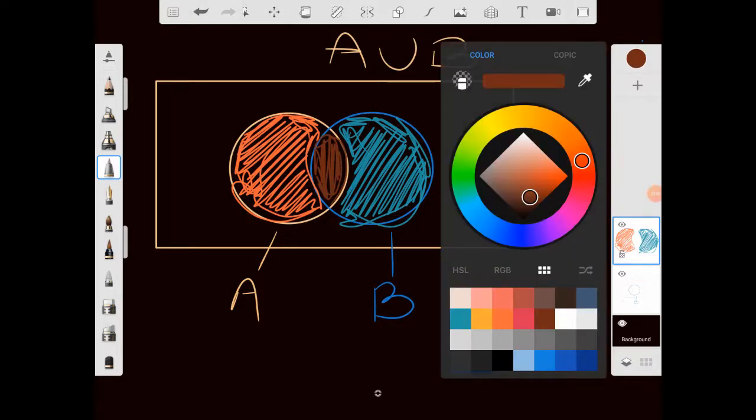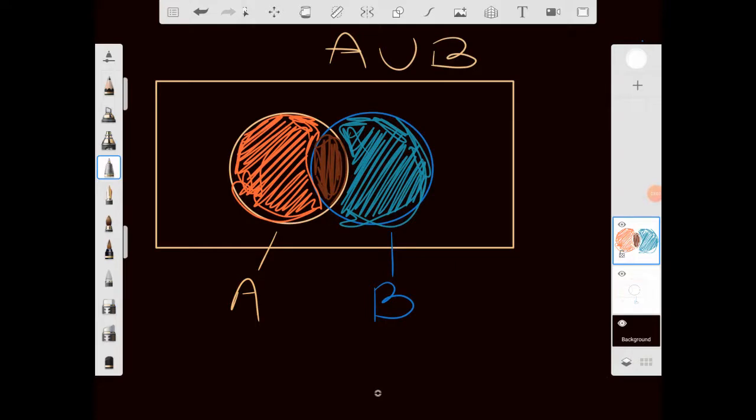Now I will name these parts separately. This part I will name X, this part Y, and this part Z.